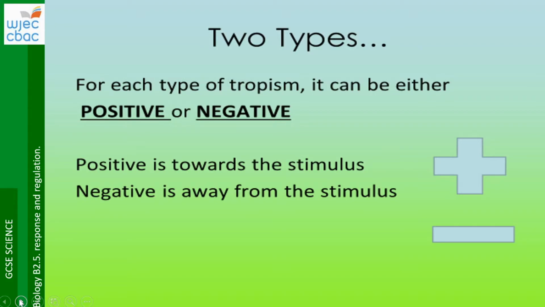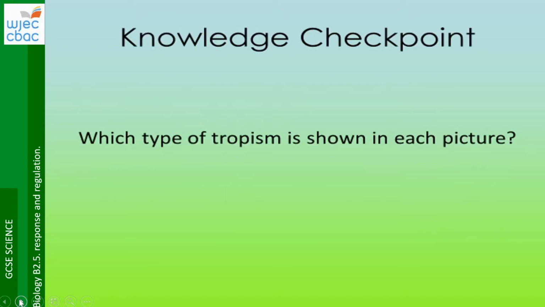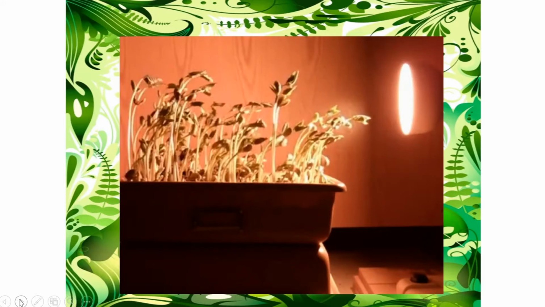There are two types of tropism. Tropisms can either be described as being positive, when the part of the plant will grow towards the stimulus, or they are negative, when the part of the plant grows away from the stimulus. So, which type of tropism do you think is shown in each of these pictures? The shoots are bending towards the light, so it's a positive phototropic response.